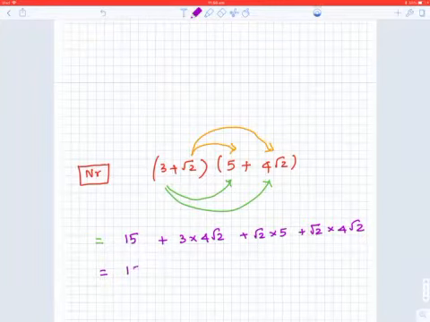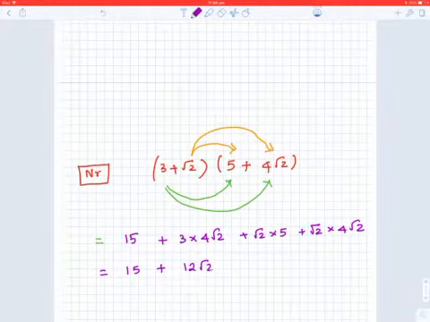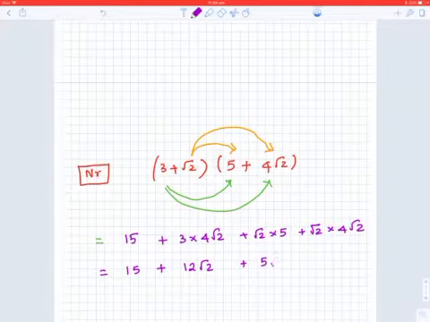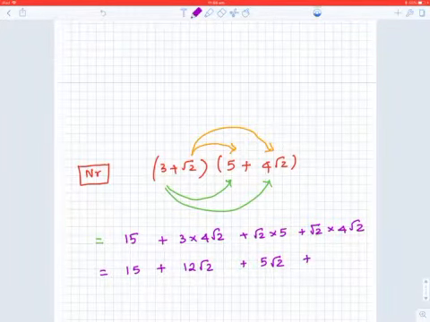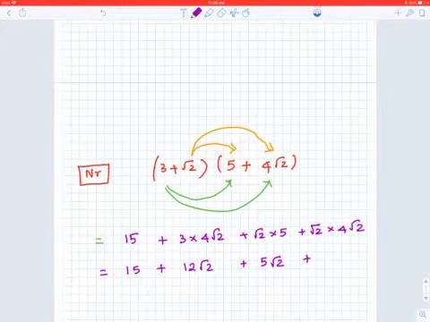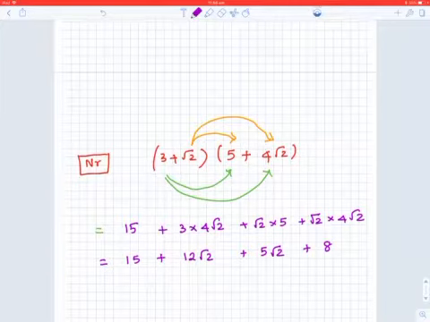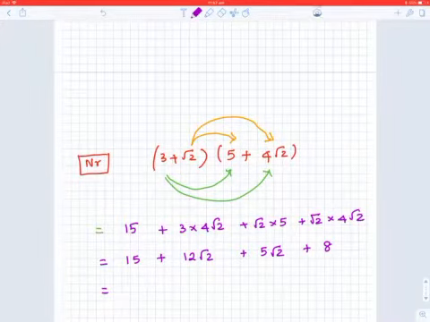Okay, now I'm just going to simplify the terms. When I do that, 15 plus, this becomes 3 times 4, 12 root 2, plus, this becomes 5 root 2. And the next one is root 2 times root 2 is 2, times 4, which is 8.